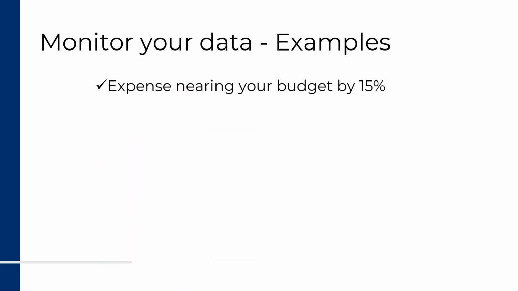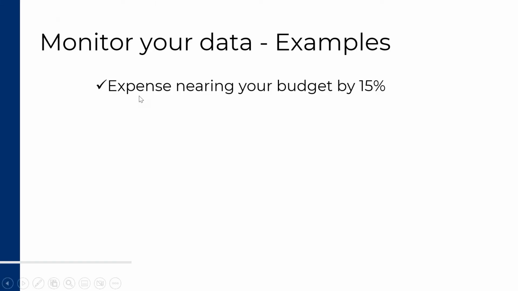What we do in principle is that BAASS Alerts will monitor your data, and look for exceptions 24/7. So for example, you just completed your budget and now you're doing your expenses. If any of the GL accounts' expenses are nearing the budget, with 15% of the budget left, you want to know. Maybe it's just March, and you wonder, what's going on? Why am I exhausting the budget? I need to look into it.